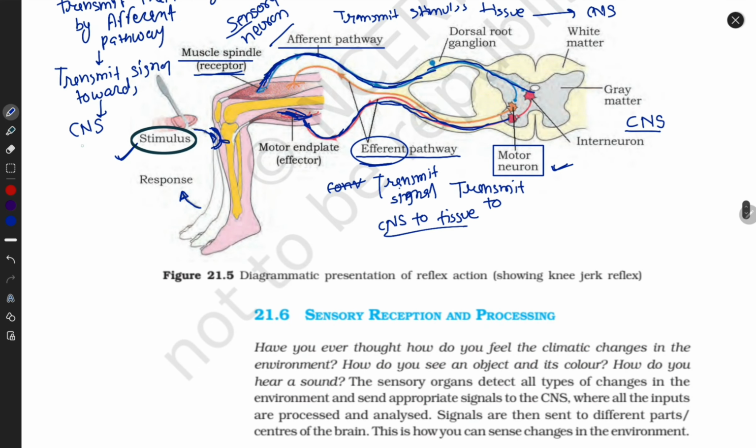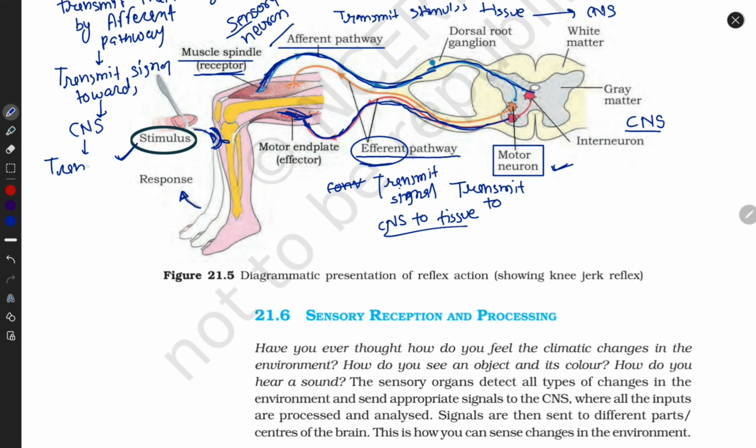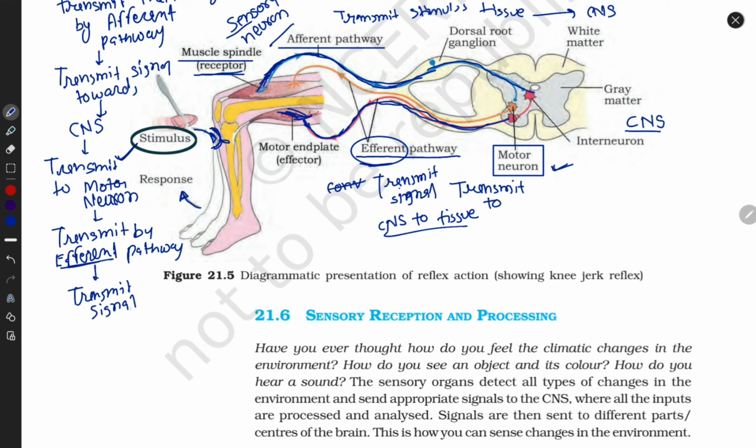Then what happens next? The CNS transmits its coded message to the motor neuron, and the motor neuron transmits the message by the efferent pathway. This pathway, what does it do? It transmits the signal from the CNS to the effector organ, muscles, and finally there is a response. So this is the flow chart.